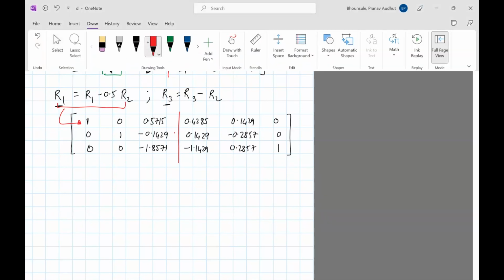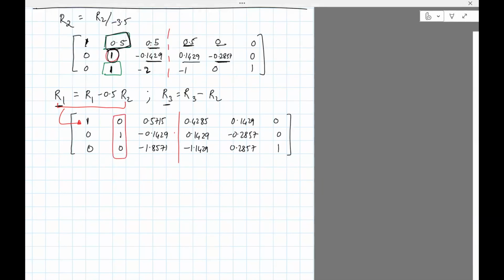Okay, so what we've achieved here is we've got the second column to be 0, 1, 0.